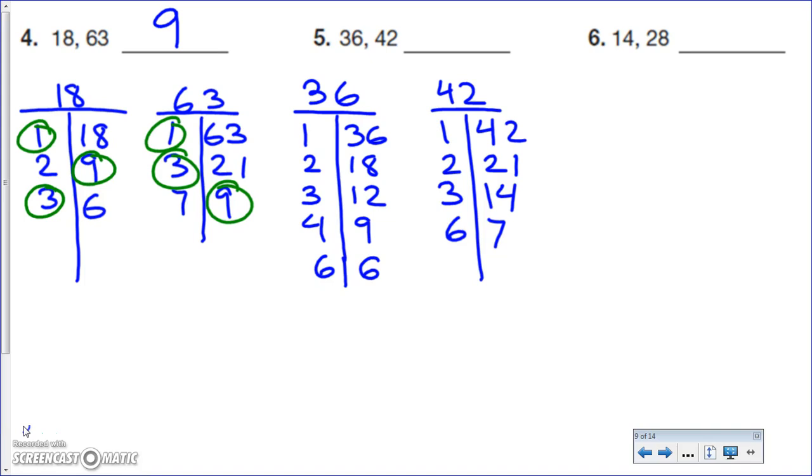Now we're going to go through and circle the numbers that are common between both lists. As we look at the circled factors, we can see the greatest one is 6.